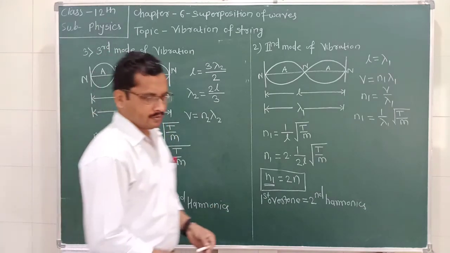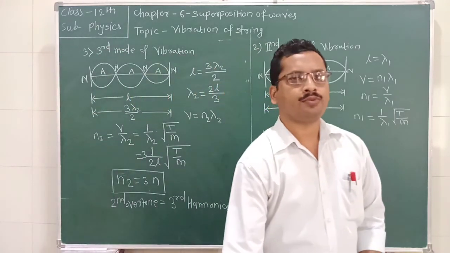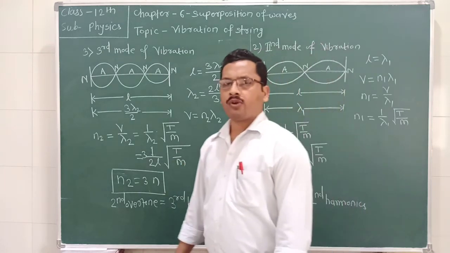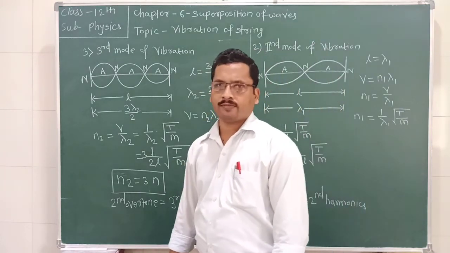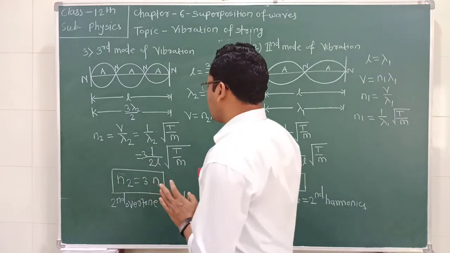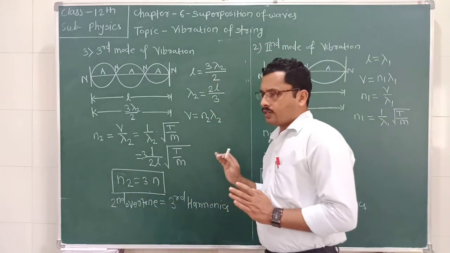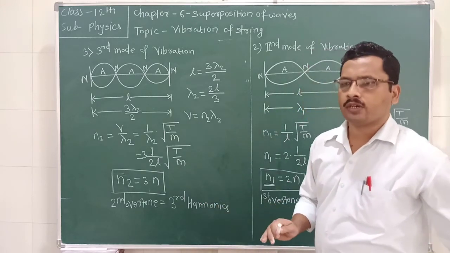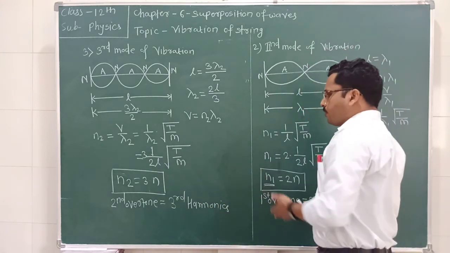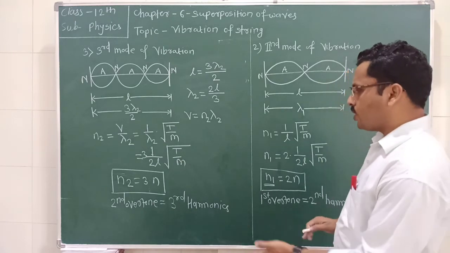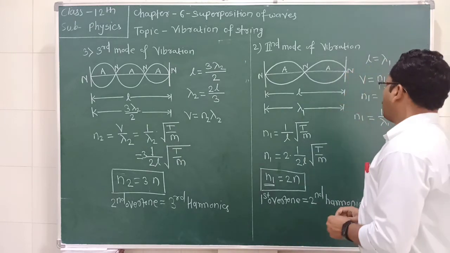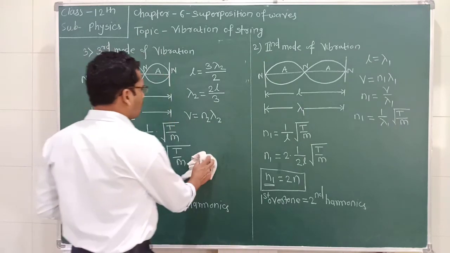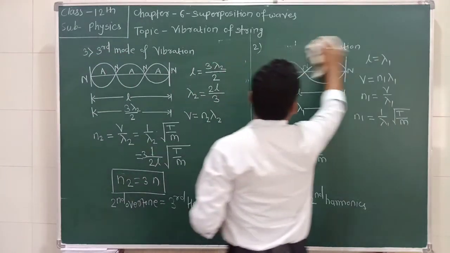So in this way, during the vibration of string, there is a formation of overtones and harmonics, and if we generalize the equation for finding the frequency of the overtones and harmonics, we get a general relation.